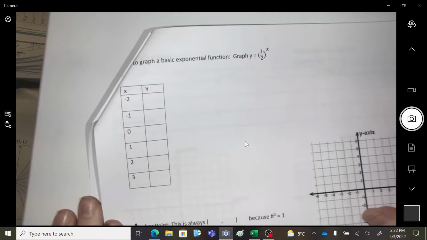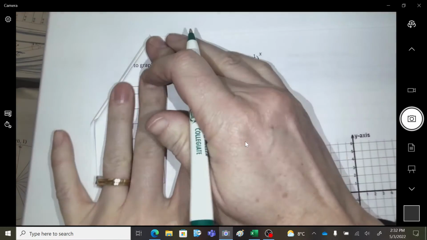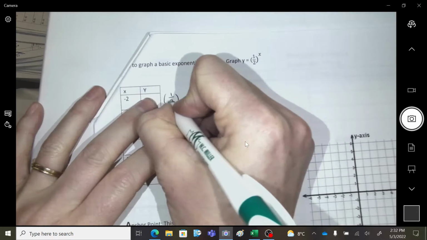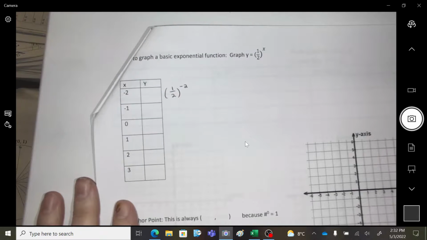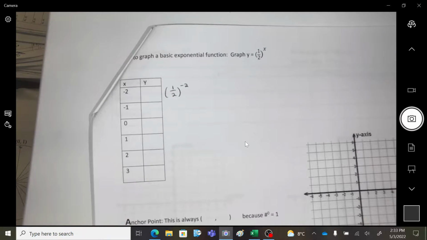How do you graph 1/2 to the x? What is 1/2 to the negative 2? One over 1/2 squared. What happens when you're doing that? What happens with all that flipping around?